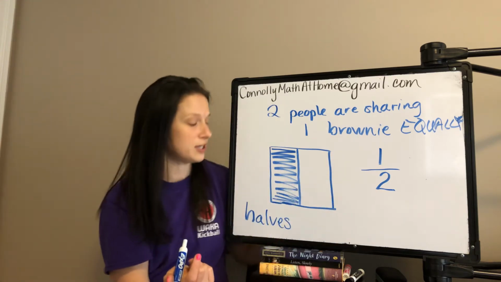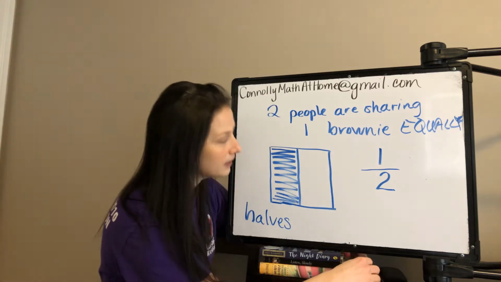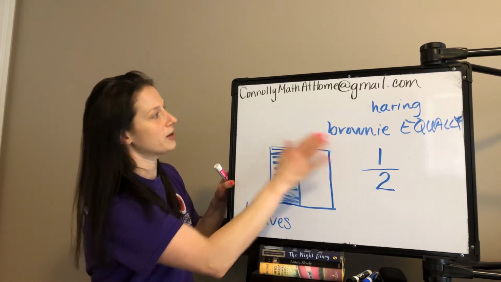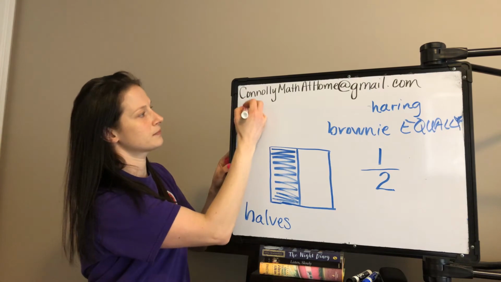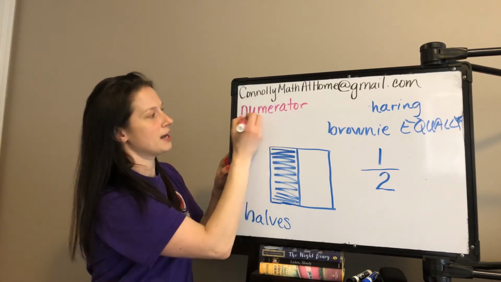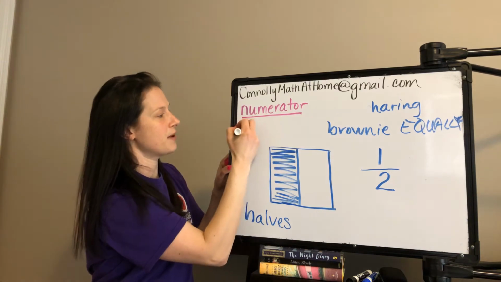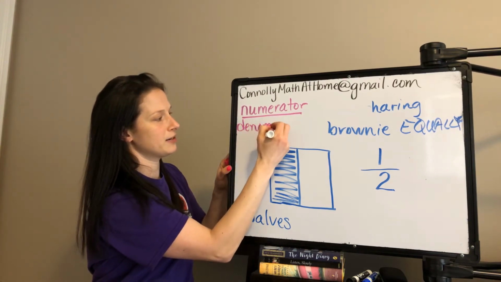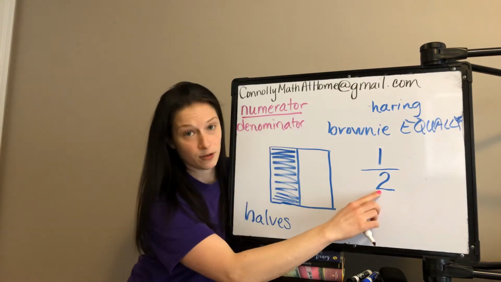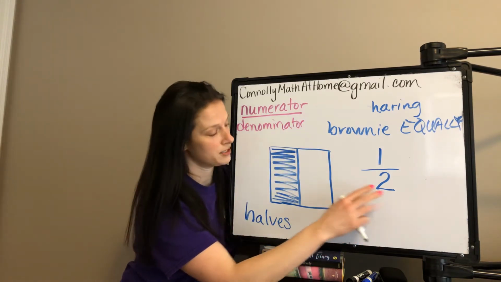Special words that you need to know that I'll leave up here in pink is we have our numerator. That is the number on top, and then the bottom number is called our denominator. The denominator represents the total number of equal pieces that we're dealing with.